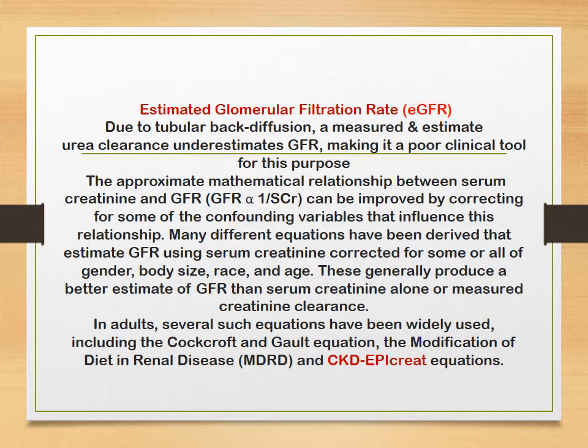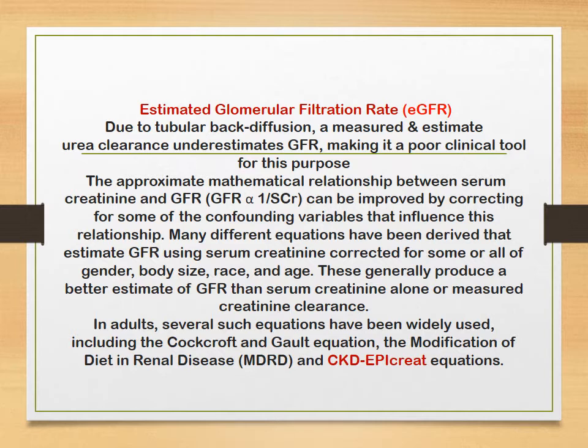Estimated glomerular filtration rate is an approximate mathematical equation that relates the serum creatinine with GFR, and by it we can exclude the confounding variables that influence this relationship, and that are found in measured glomerular filtration rate and also in measurement of direct serum creatinine.